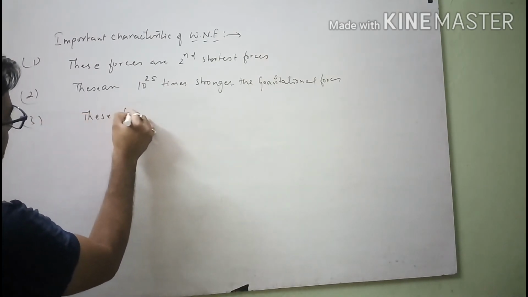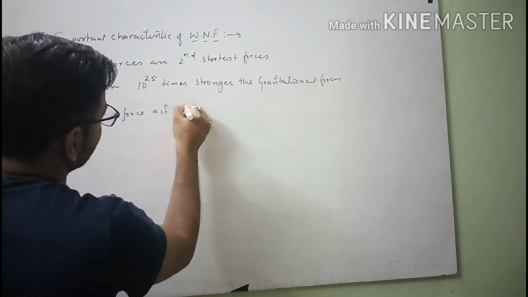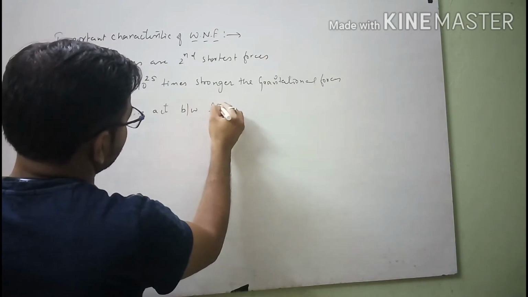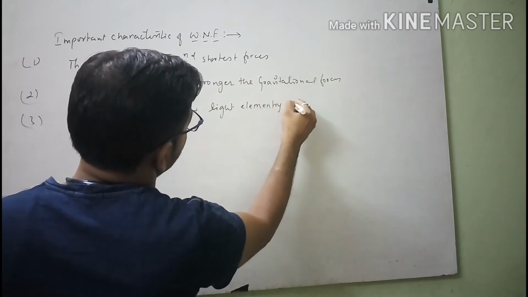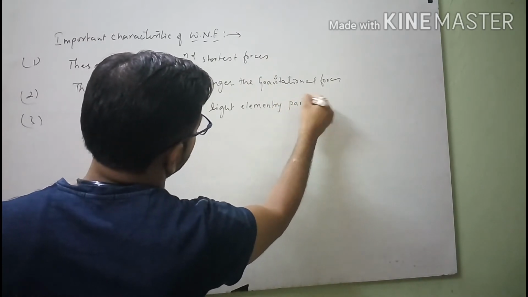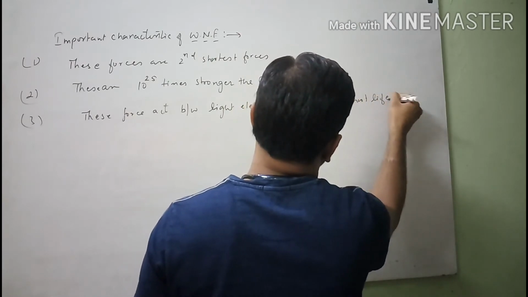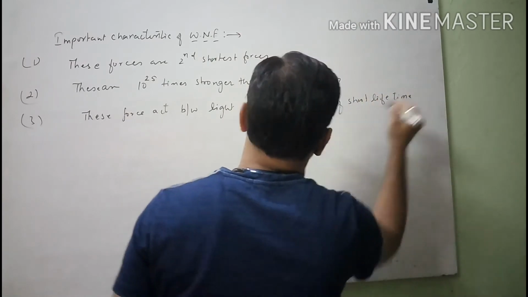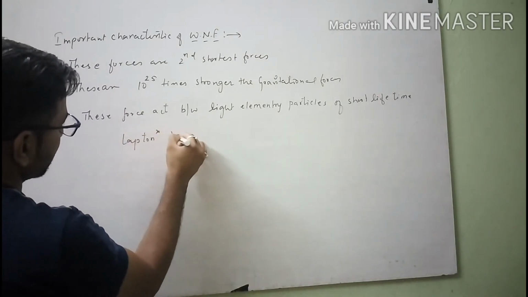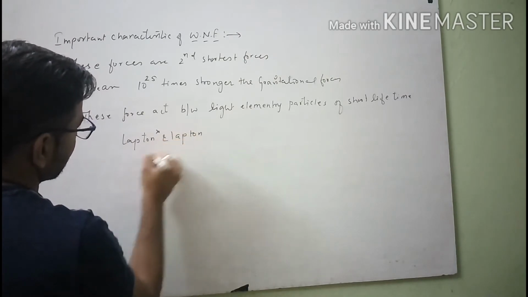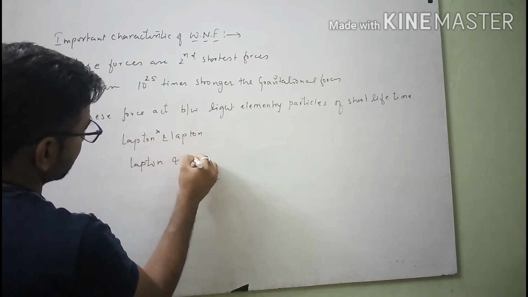Third, as I discussed earlier, these forces act between light elementary particles of short lifetime, known as lepton and lepton star, and lepton and meson.